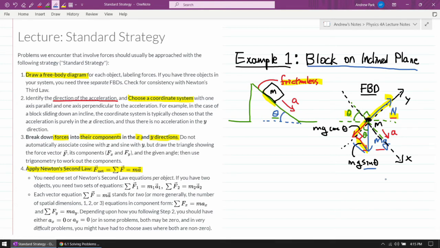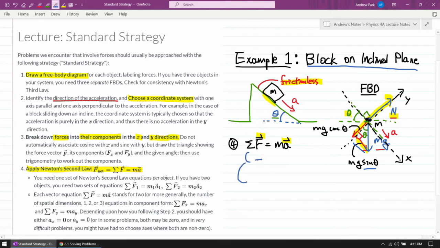So let me now do the final step of writing down Newton's second law equations. Newton's second law says net force is equal to mass times acceleration. And these arrows are there to remind you that these are vector equations. This single equation actually stands for two.